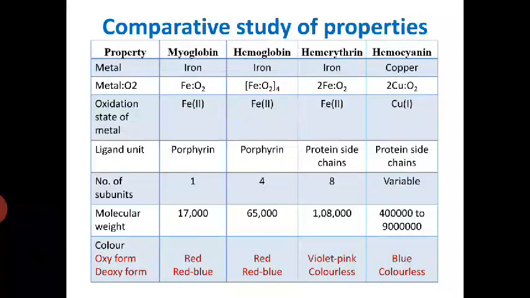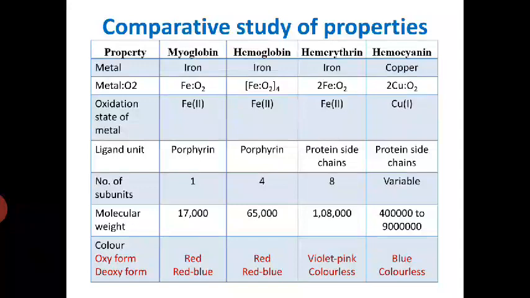That is a 1:1 ratio again. But in hemoglobin there are 4 heme units. That means 4 iron atoms are there in one hemoglobin molecule. So the ratio will be 1:1, but 4 oxygen molecules for 4 iron atoms. So it can be written as FeO2 taken 4 times.